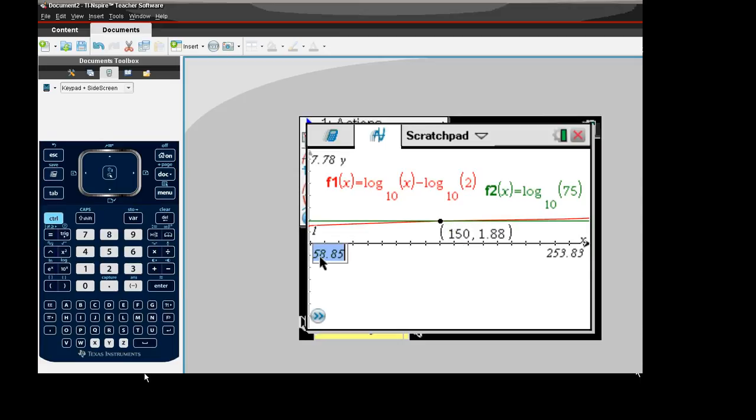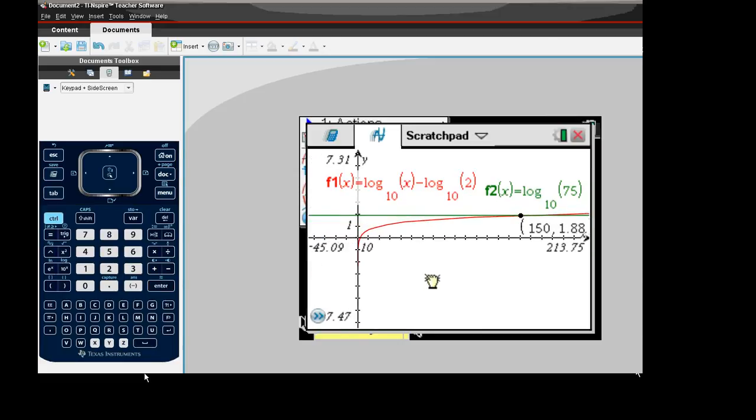But remember, if I go back to this part of it, you can see I have an asymptote at x equals 0 for my red graph. So that means my x values will not be less than 0. So I need to have all of the x values in between 0 and 150.